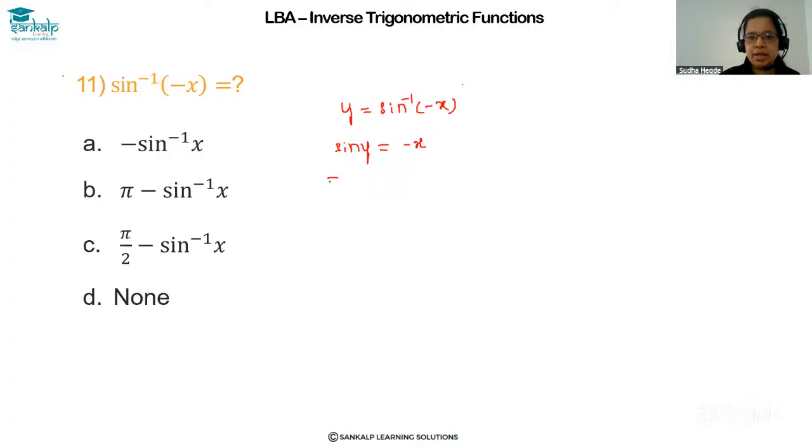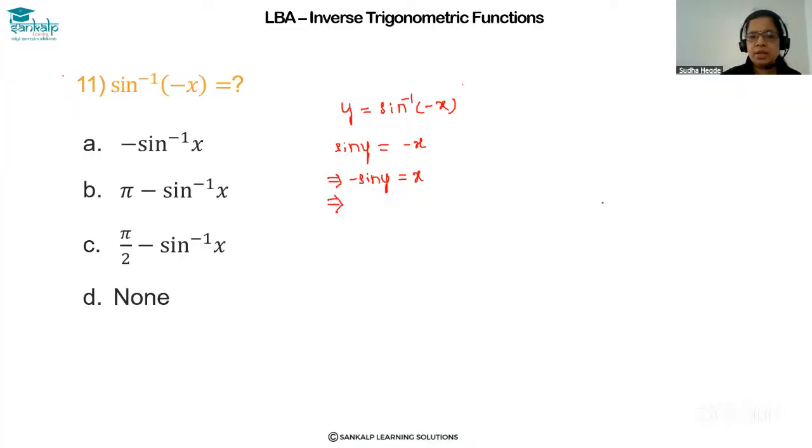This implies minus sine y is equal to what? X. Correct? You are moving this minus sign to the other side. Or you can multiply throughout by minus 1. Both the result will be the same.